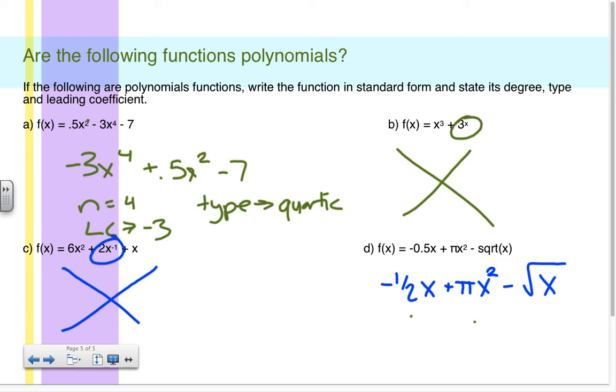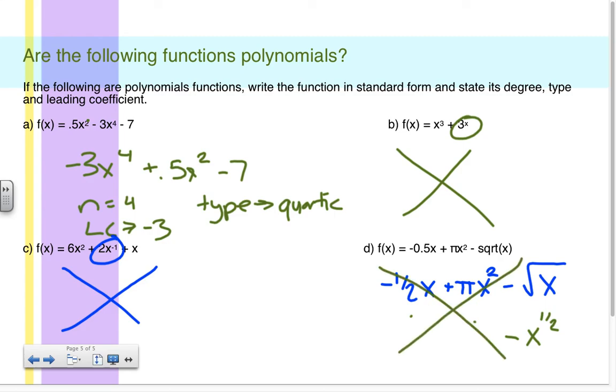What does hurt us is the square root of x. That is not giving us an exponent that is a positive whole number, and it doesn't really matter what the coefficient is. What you will learn down the road is that it ends up having an exponent of 1/2. We haven't gotten to that yet, but we'll change square root of x to x to the 1/2. That's not a whole number, that would be a fraction. So this would not be a polynomial either.